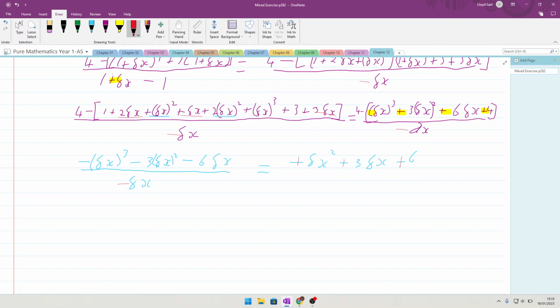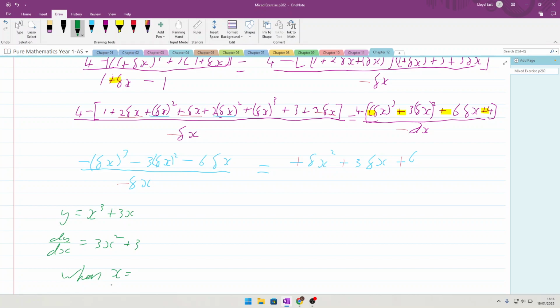Okay, and then they want us to deduce the gradient of the curve at point A. Well, given that the curve is equal to x cubed plus 3x, the dy by dx is 3x squared plus 3, and so when x equals, what is it, we're doing it at point A, aren't we?